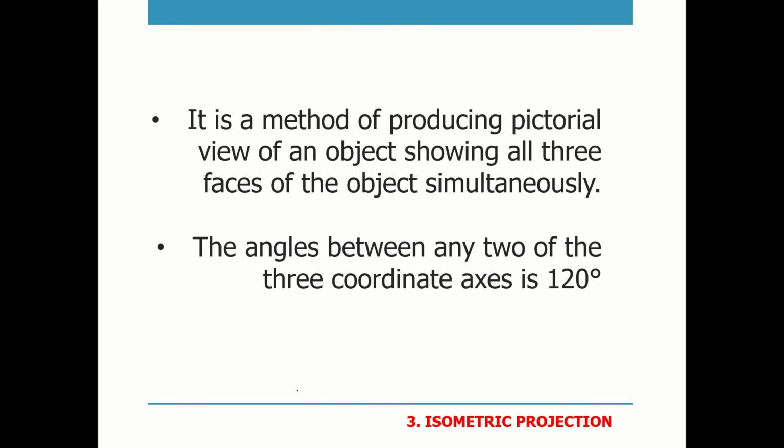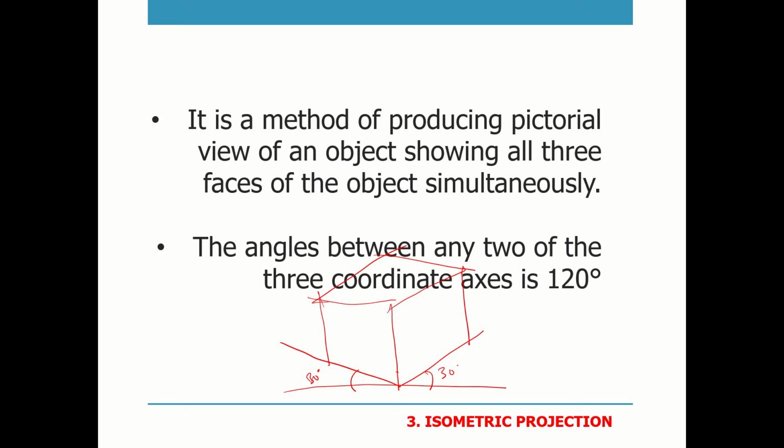You just have to draw one basic line and draw one vertical line. This vertical line is nothing but the height of the object that you are trying to draw. Draw a line which is 30 degrees here, and another which is 30 degrees. All other things will be constructed based on what you have already drawn.